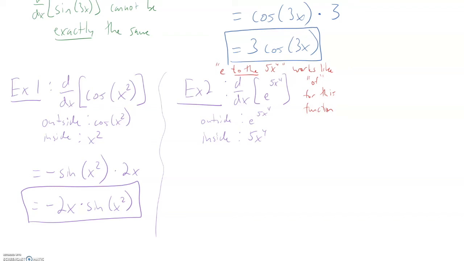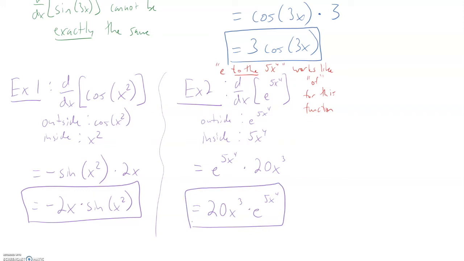For this one, the derivative of the outside, remembering our rules, is that the derivative of the exponential function base e does not change, so the derivative of the outside is e to the 5x to the fourth, times the derivative of the inside, and 5x to the fourth becomes 20x cubed. Our final result is 20x cubed times e to the 5x to the fourth power.